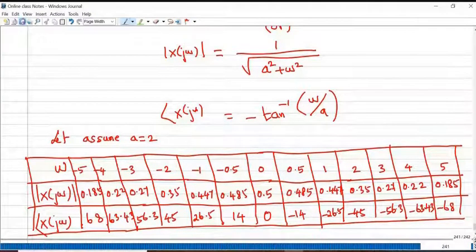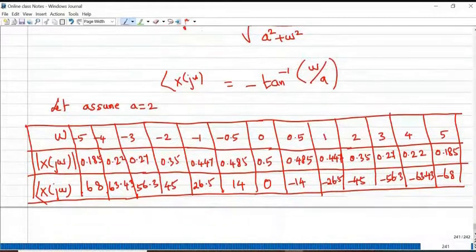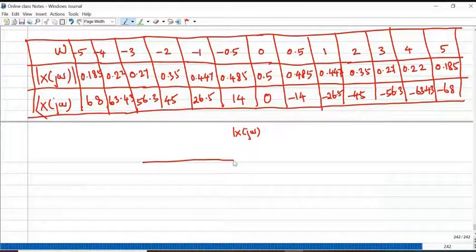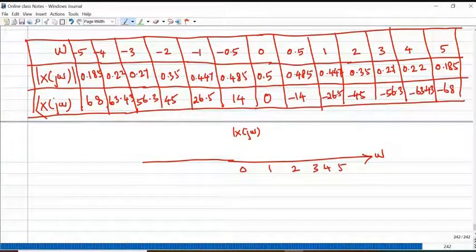Now the table is ready. Now plot your magnitude response and phase response. Modulus of X(j omega) on the y-axis, omega on the x-axis. So 0, 1, 2, 3, 4, 5, minus 1, minus 2, minus 3, minus 4, minus 5, and so on up to infinity.